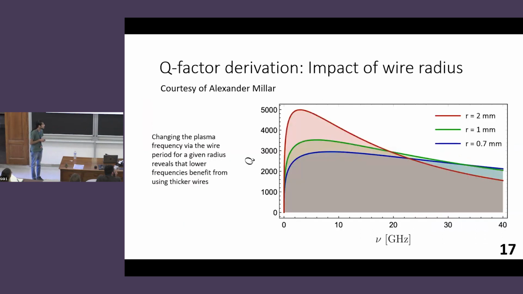Okay, and another thing that we found out through this analytical investigation is that even though as we go to thicker wires, the theory becomes less and less applicable because it needs the wires to be significantly smaller than the wavelength and the period to work exactly, we can scope out that it seems that using thicker wires is also beneficial for the quality factor, and that way it could be raised even higher.